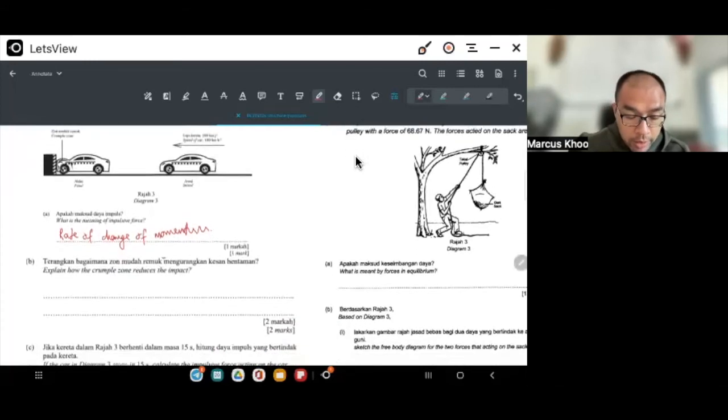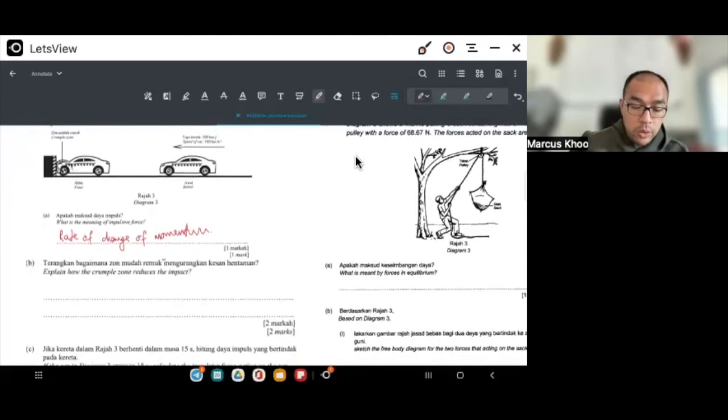Explain how the crumple zone reduces the impact. Whenever you're talking about impulsive force, there are always two things that you need to think about, which is the time of collision and then of course the big impulsive force.